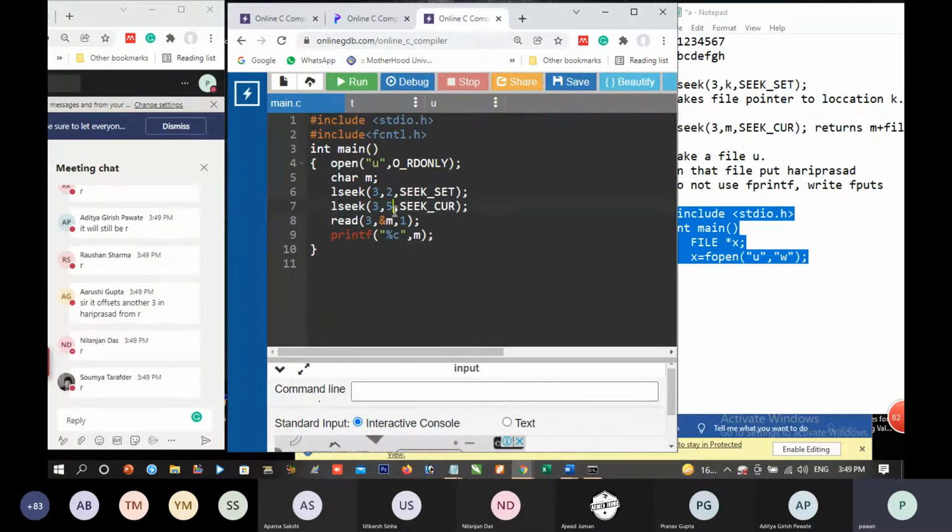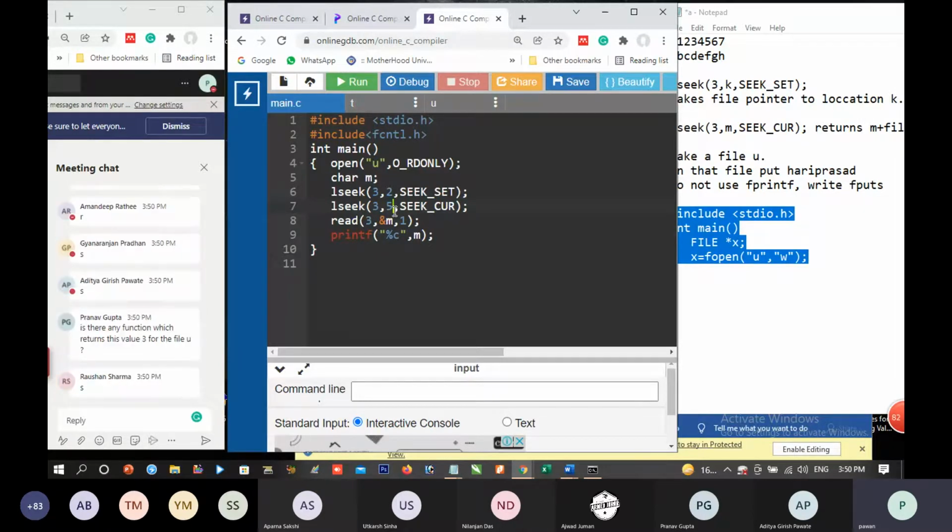Because I am not able to differentiate between these two R's. Make it 5, to remove confusion.